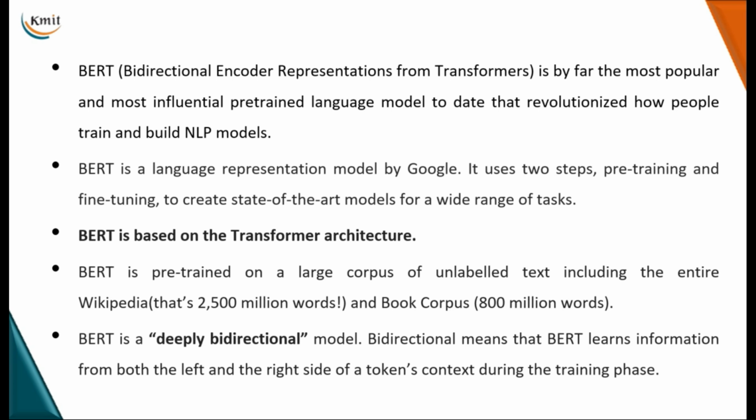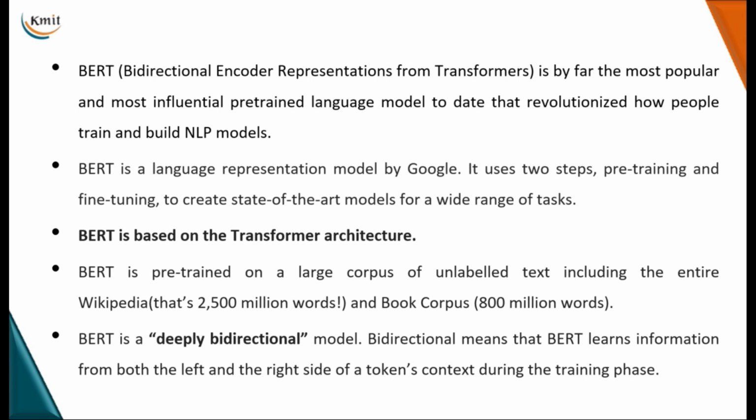When I talk about a large corpus, I mean unlabeled text, including the entire Wikipedia, all the Wikipedia data existing on the internet till date. BERT is trained with all that data.